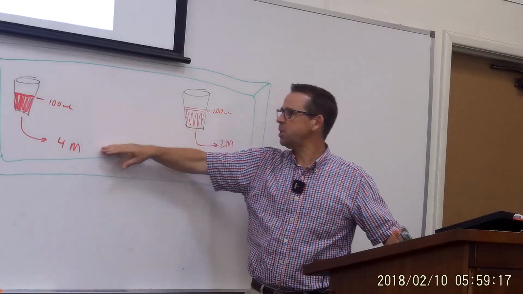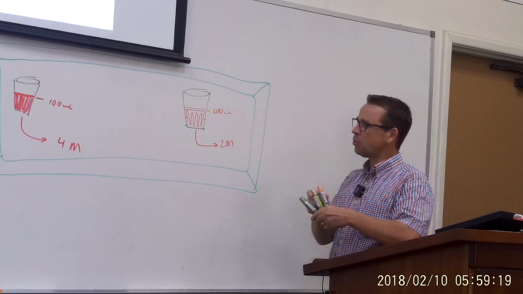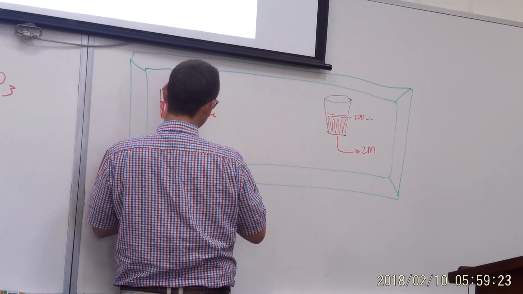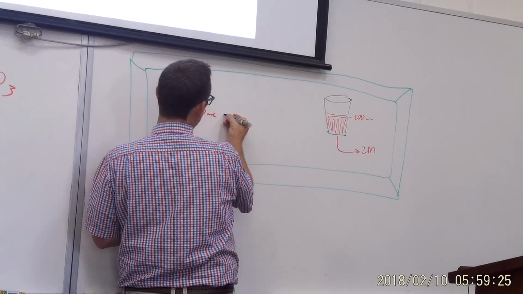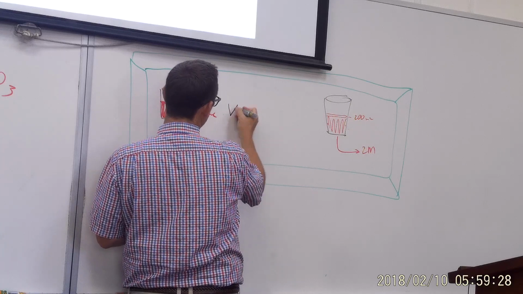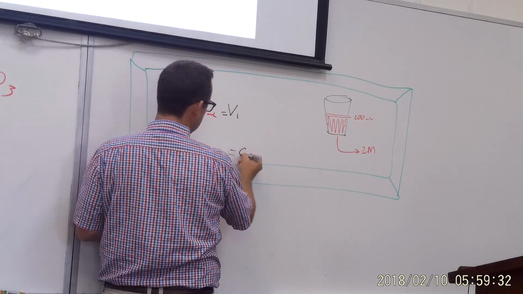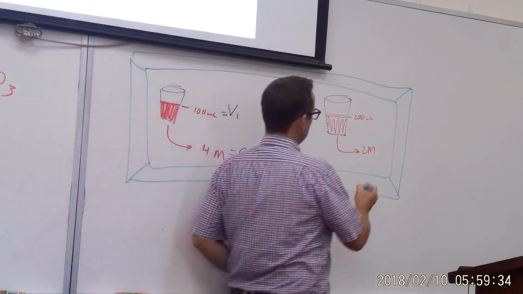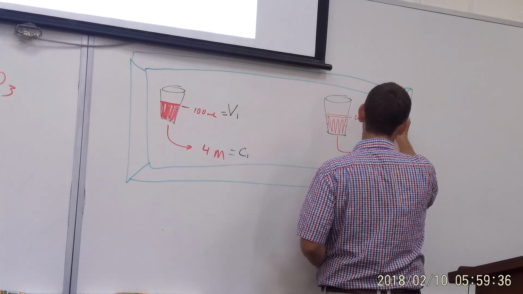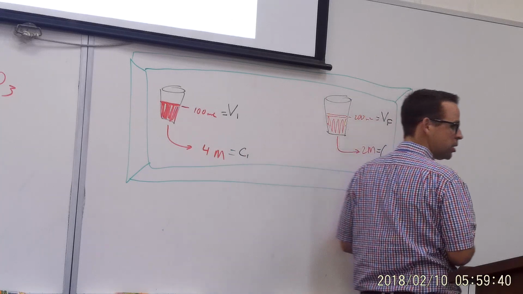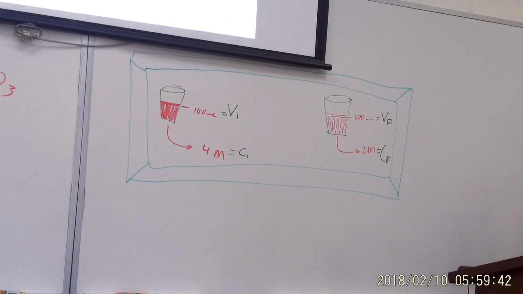You remember the time you did this? Yeah. And then you remember that this represents the initial volume. This represents the initial concentration, whereas this one here is the final volume, and this one is the final concentration, right?